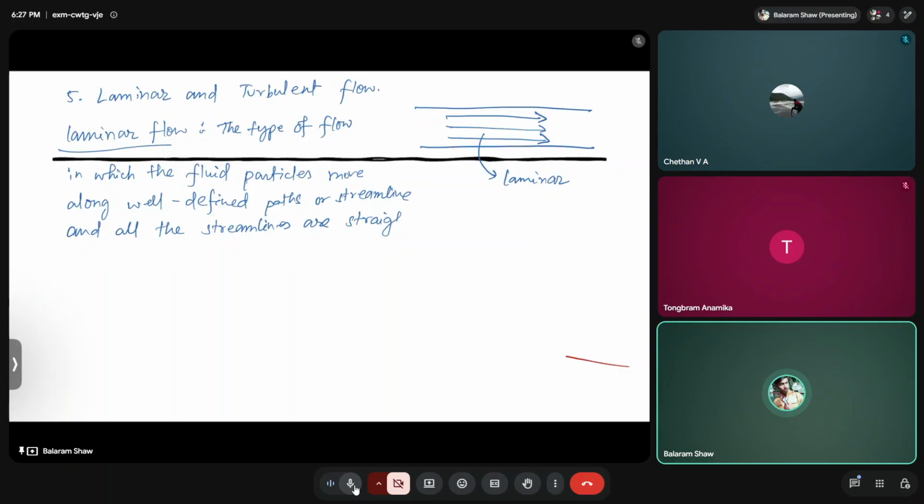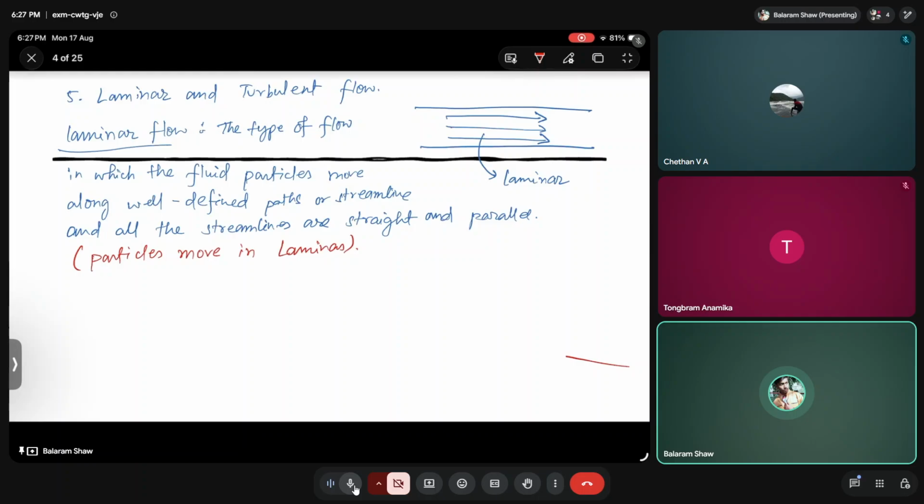So in this, what will happen? The particles move in laminas. What are laminas? Laminas are, let's say, layers. So the particles are moving in layers, gliding smoothly over the adjacent layer. Let's say this is layer 1, this is layer 2, this is layer 3, just to visualize.